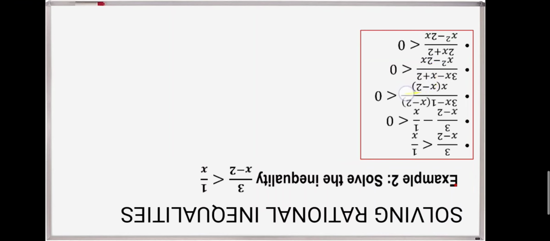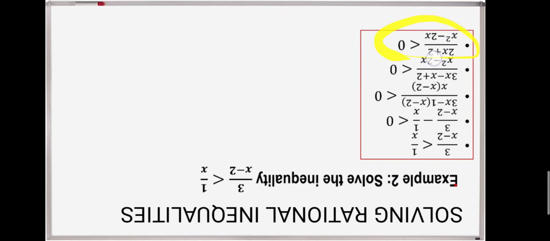Negative 1 times negative 2 is positive 2, divided by x times x is x squared. Then x times negative 2 is negative 2x. Okay? So, simplify this. We have 3x minus x is 2x. Then copy 2 divided by x squared minus 2x. Okay? Then less than 0.